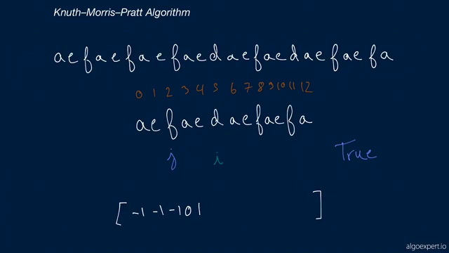So we look in our table at index J minus 1, which is here, right? J is equal to 2, minus 1 is equal to 1, and there's a negative 1 here. So we just reset J to 0.